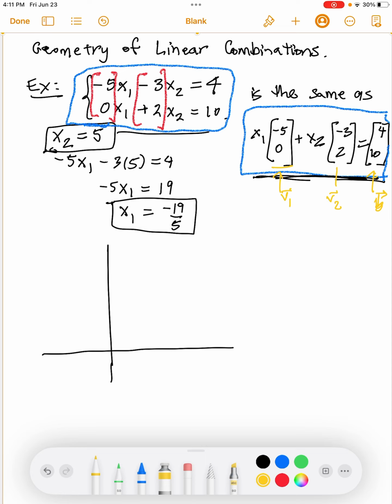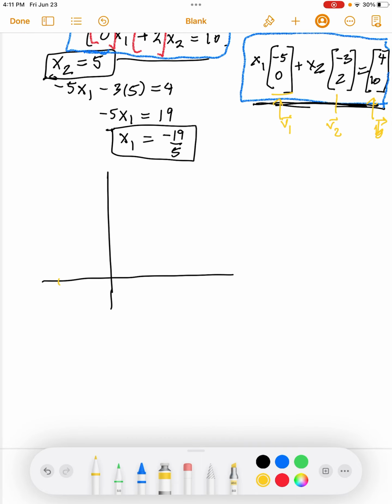Well, negative 5, 0, let's just say it's here. Negative 5 and then up 0. So here's v1. And then negative 3, 2 is maybe here, negative 3 and then up 2. So there's v1, and that's v2. And where's b? b is 4, 10, so 4 units to the right and then 10 up. Okay, maybe here.